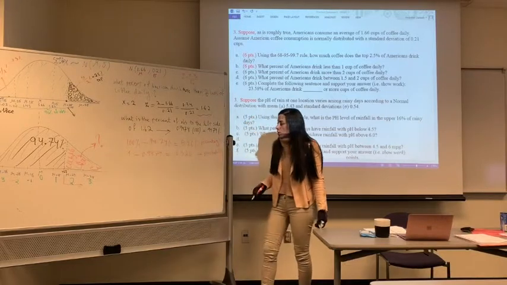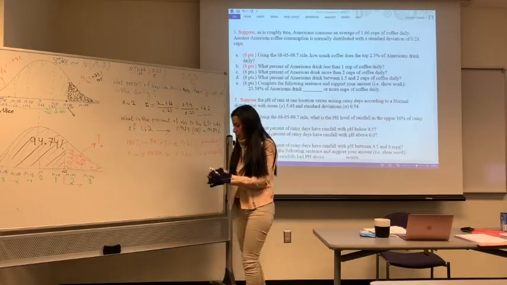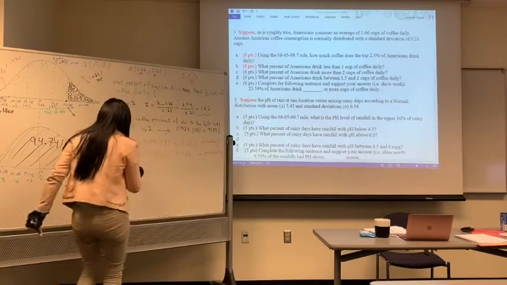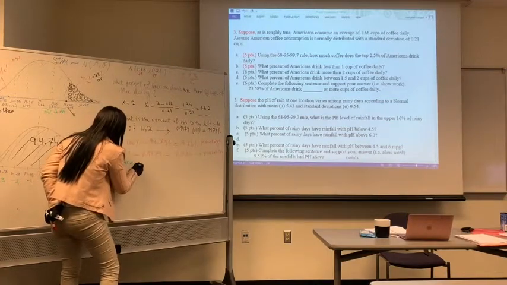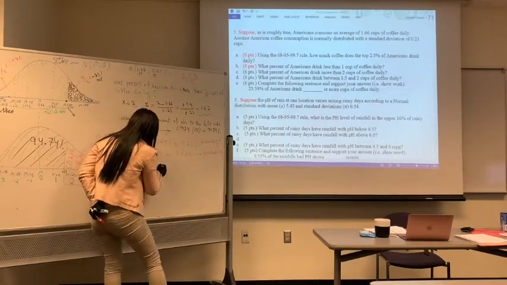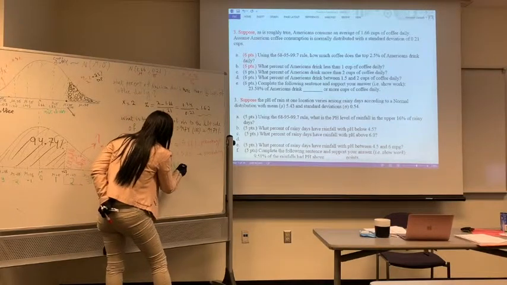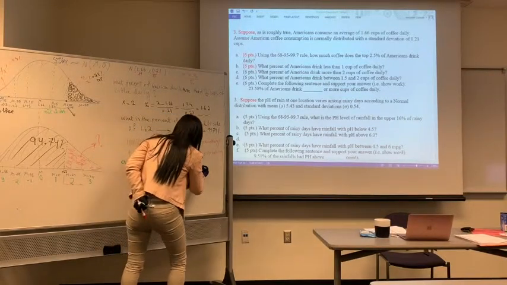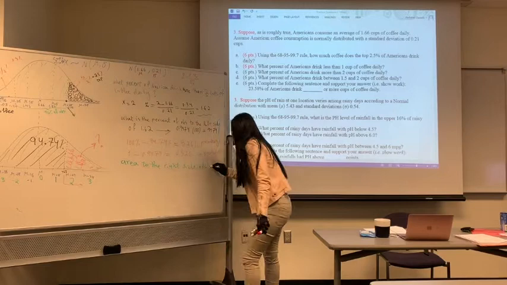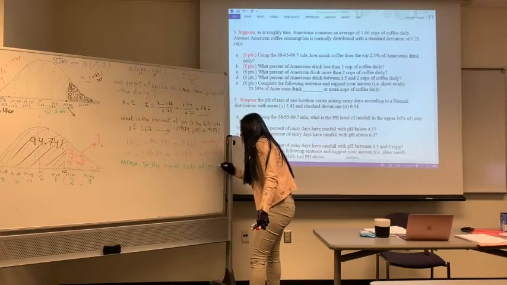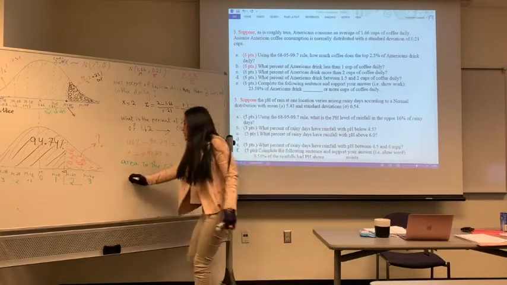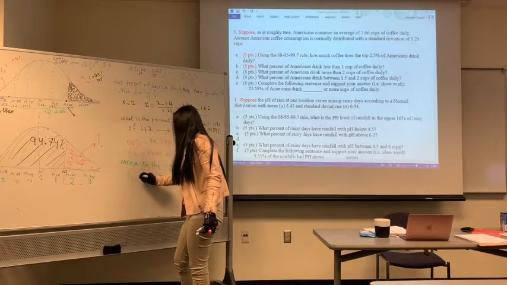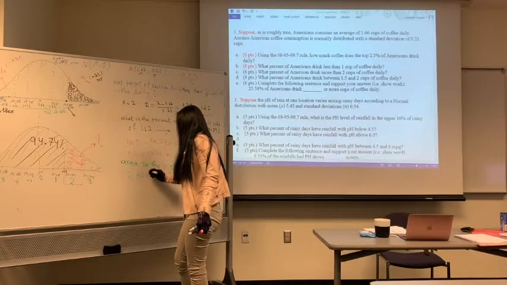Okay? So I will write down area to the right side of z equal 1.62 is 5.26%.